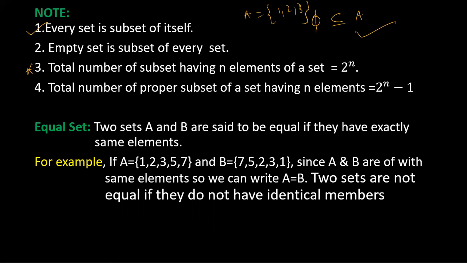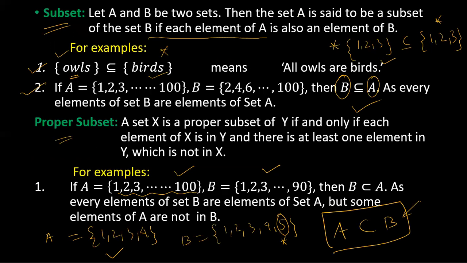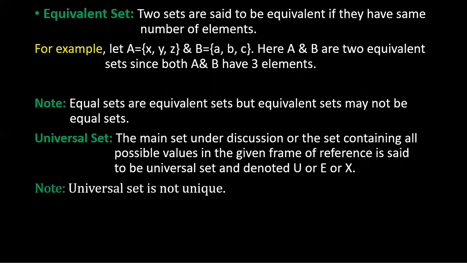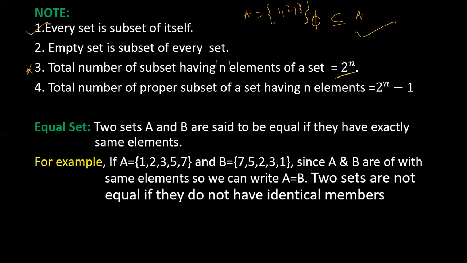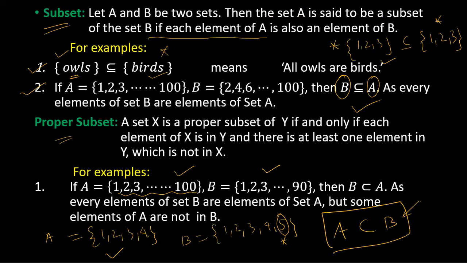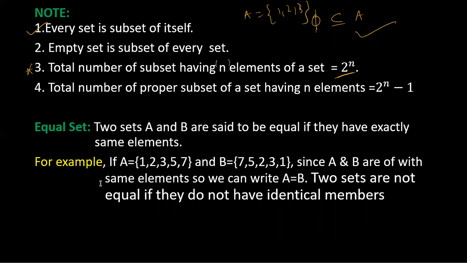Now, this is important. The total number of subsets of a set having n elements is 2 to the power n.